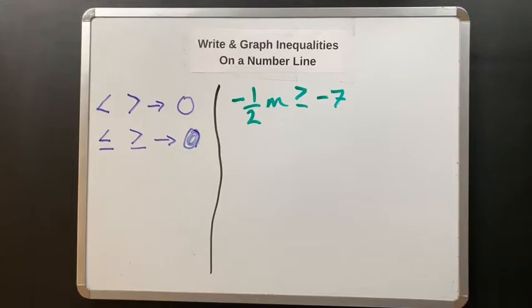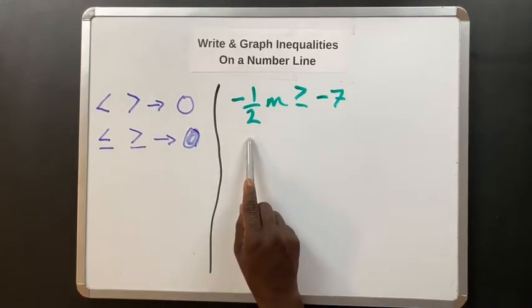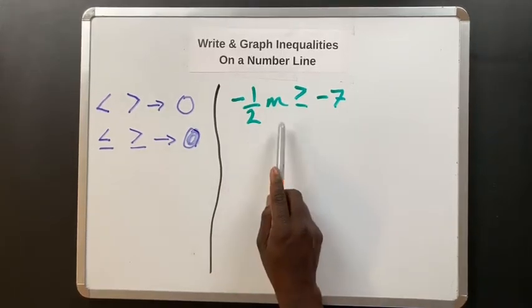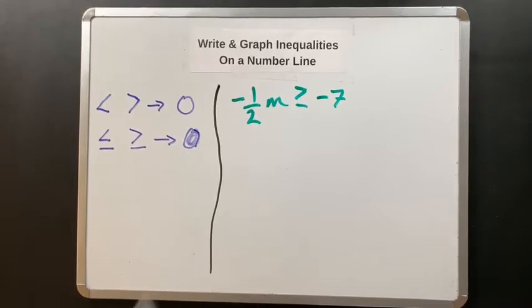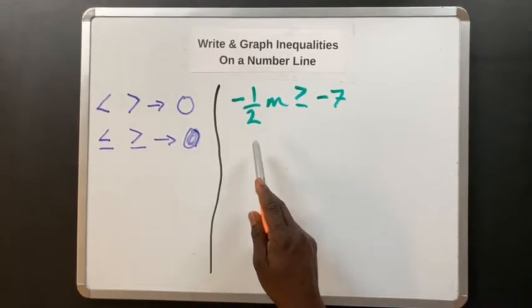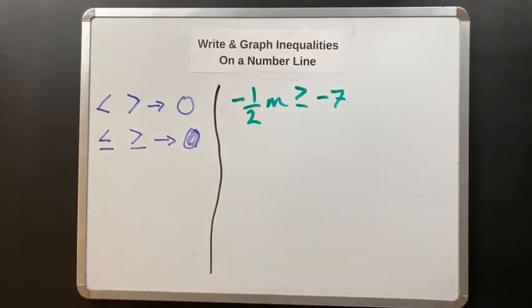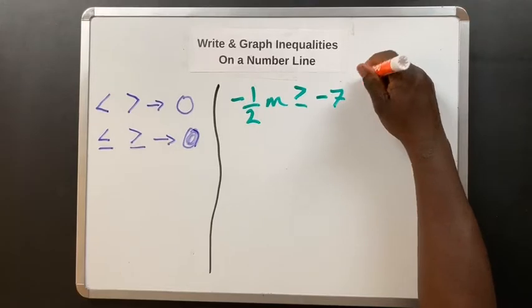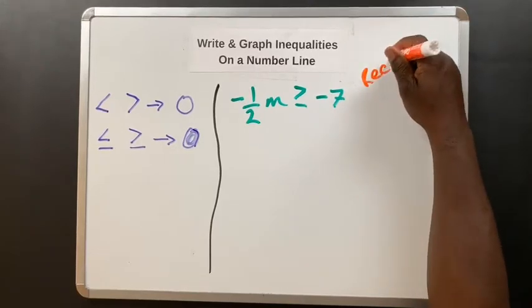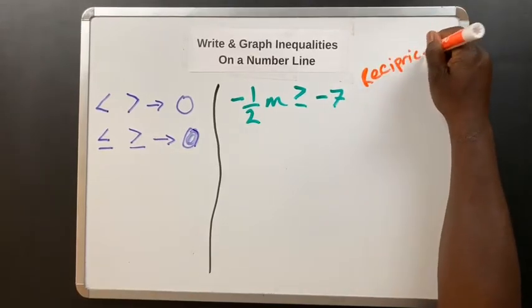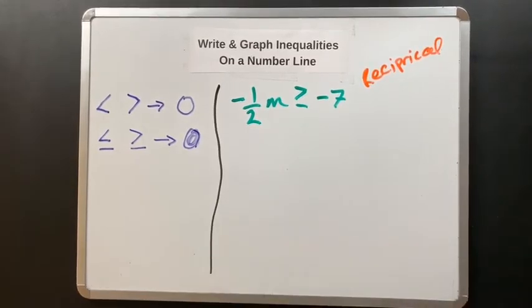Think about what you're going to do before you do it. All right. We have a negative coefficient, negative 1/2. We need to get rid of that to get m by itself. And I showed you that when you have a fraction as a coefficient, you can multiply both sides of the inequality by the what? That R word, by the reciprocal, in order to get rid of that coefficient.